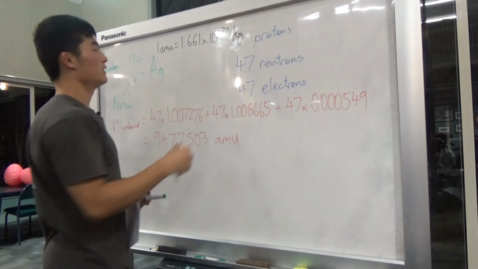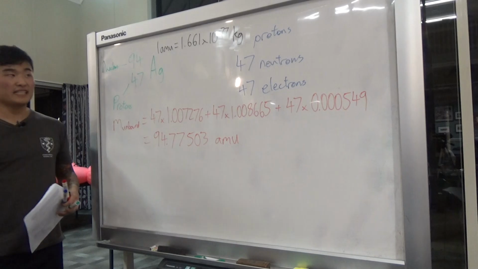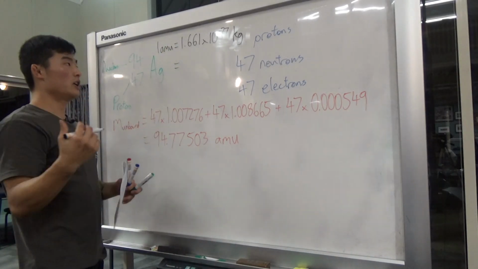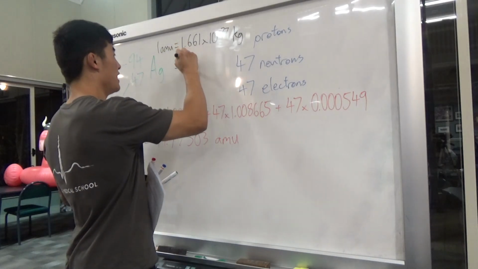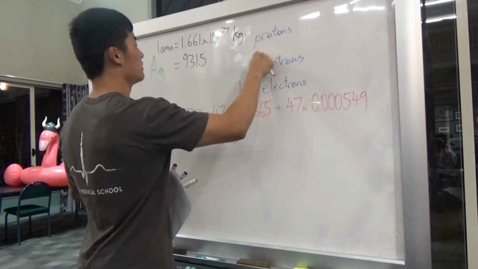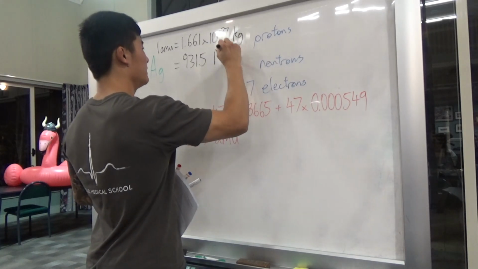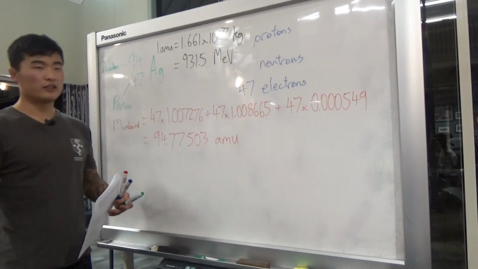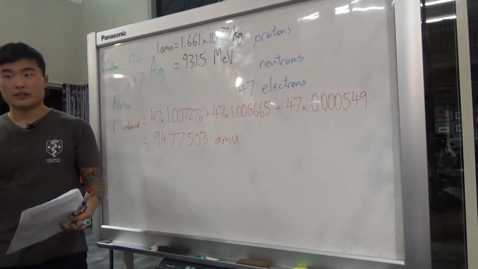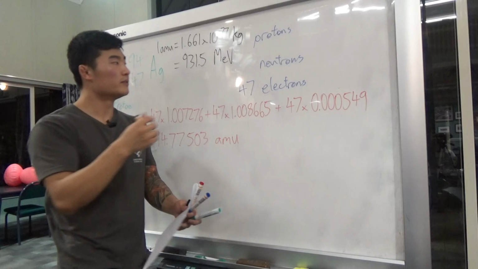You can see it's a tiny amount of mass. And 1 atomic mass unit is equal to 931.5 mega electron volts. Remember, electron volts is our unit of energy, and mega is million.